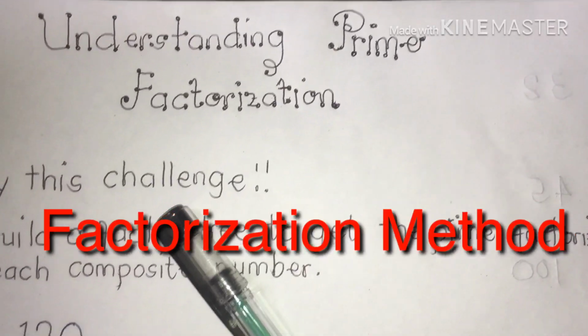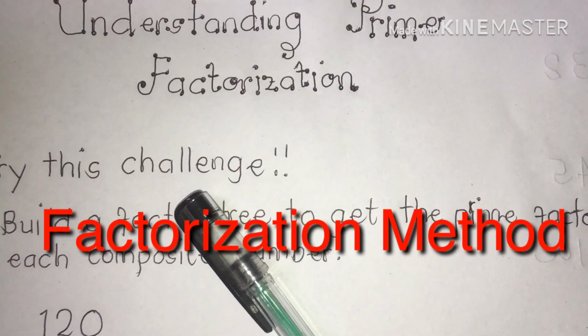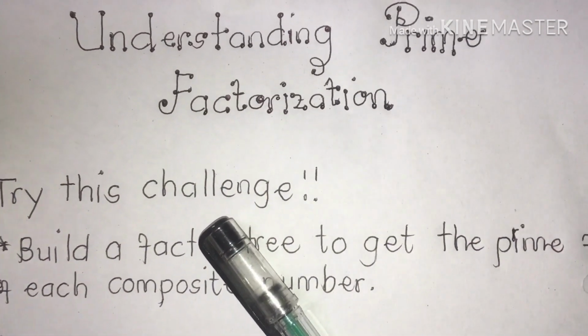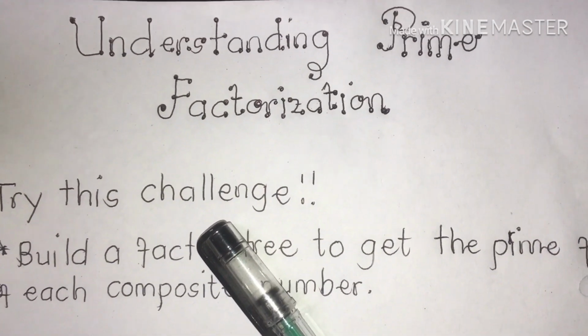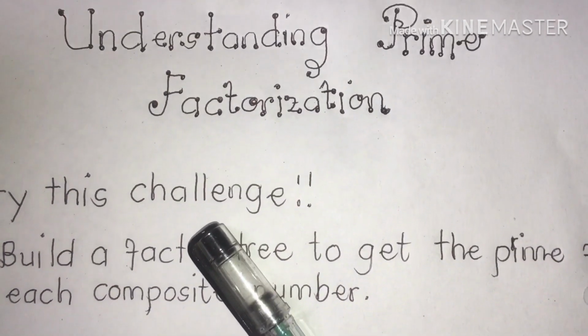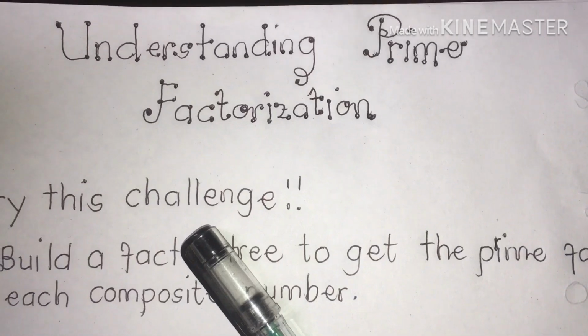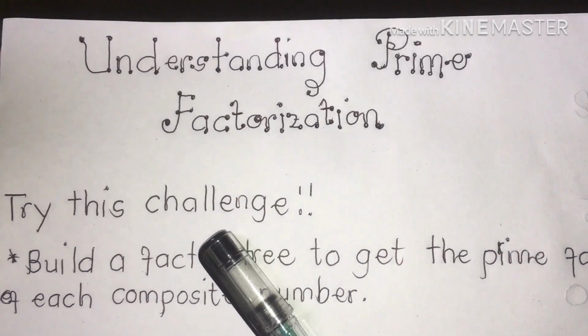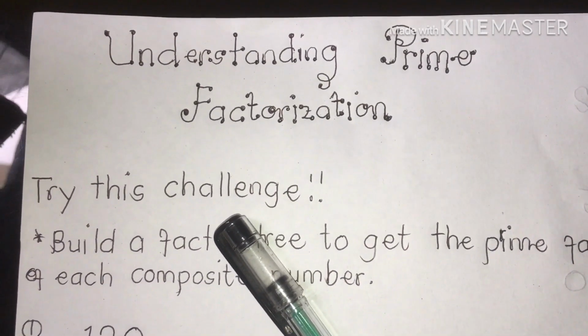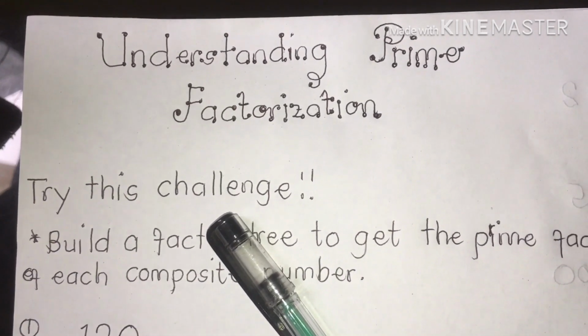Today, class, our viewers, we're going to discuss the factorization method. Okay, my dear viewers, we're going to discuss understanding prime factorizations. Before we proceed to the factorization method, remember that in multiplying numbers, we observe that the factors or numbers that we multiply are all prime.